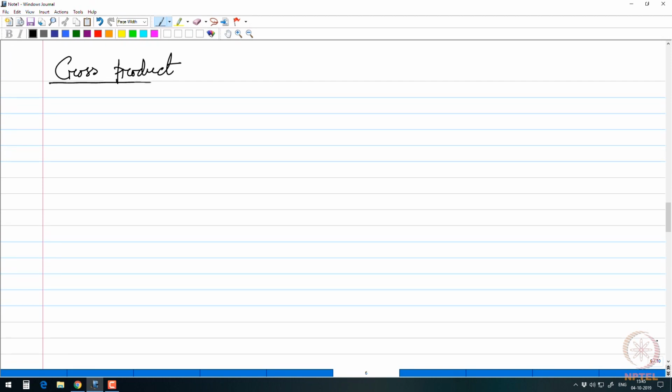Because with cross product we get a vector perpendicular to the plane, therefore, x cap cross x cap becomes 0. Similarly, y cap cross y cap and z cap cross z cap are also 0.